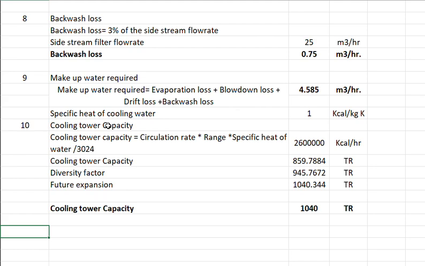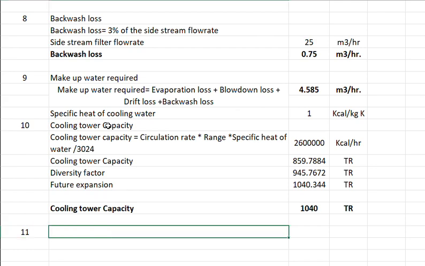Sometimes you get confusion: we have the cooling tower pump capacity and the cooling tower capacity, but what is the actual sump capacity required? The cooling tower basin.